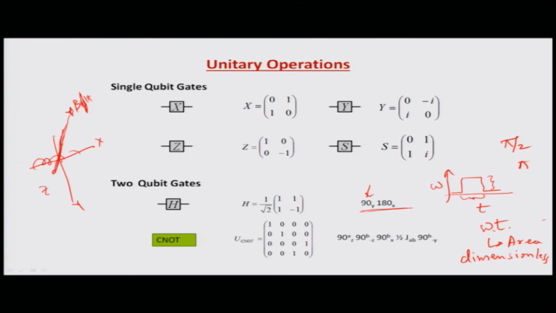So, the coils could be used along these dimensions, and that is how these coils are being applied for the RF pulses of 90, 180, and so on and so forth. CNOT is a different kind of gate which is being discussed here.